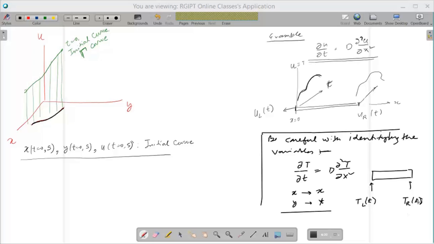This is something that I can control. So at x equal to 0, and at x equal to L, the L is the length.